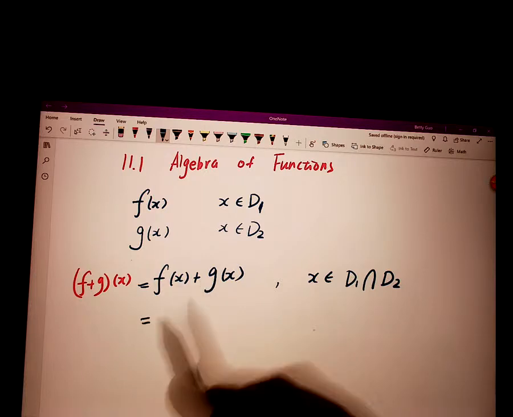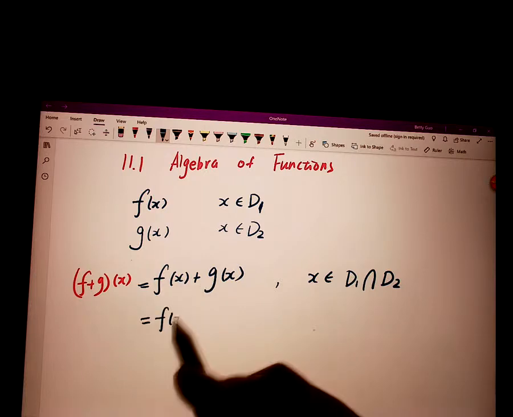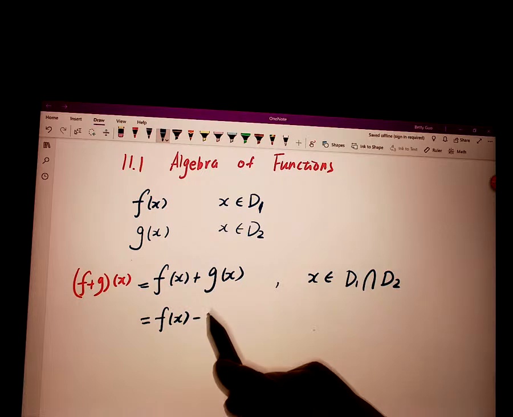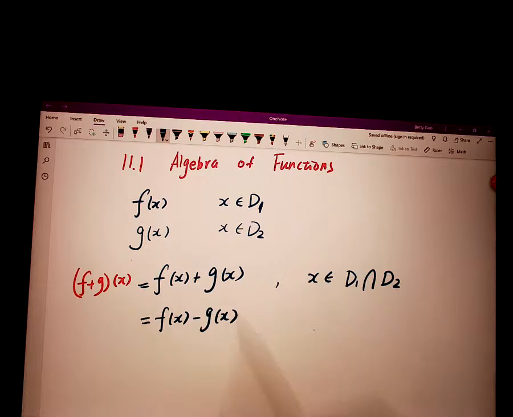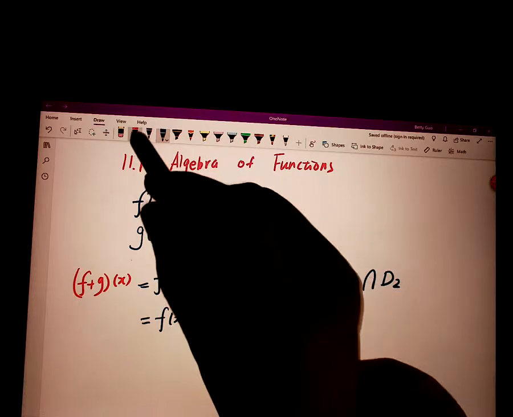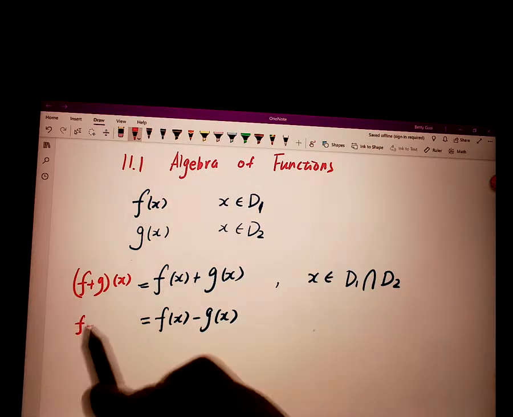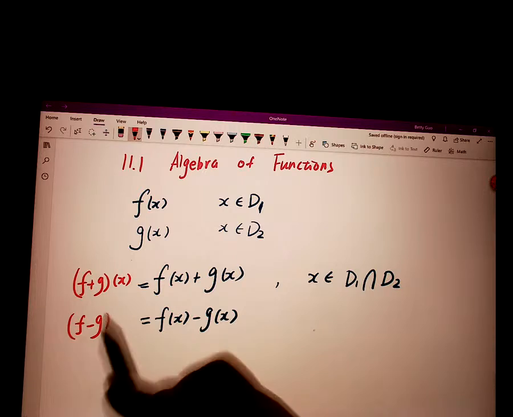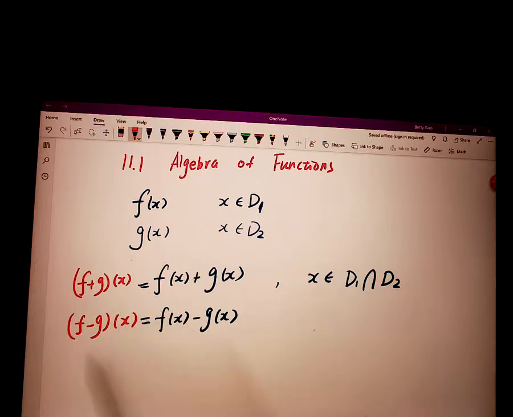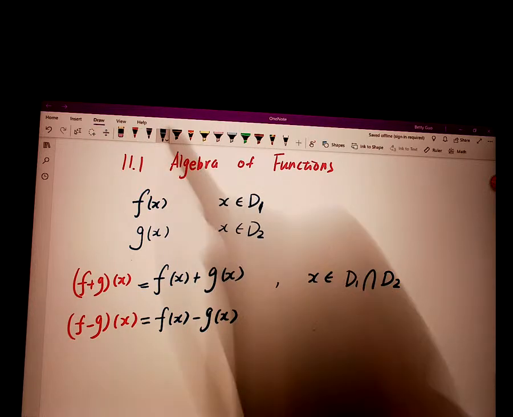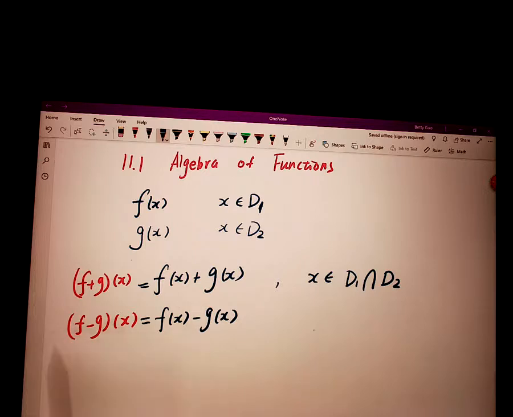This is addition. Subtraction. We define f(x) minus g(x) as the subtraction function of f and g. Notation, (f - g)(x). Domain of the new function. This is one function, okay? The function is the subtraction of the two functions.